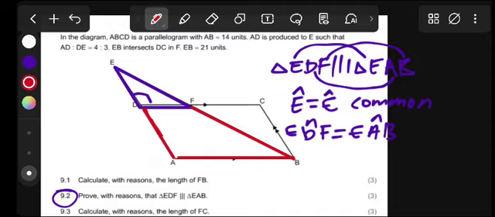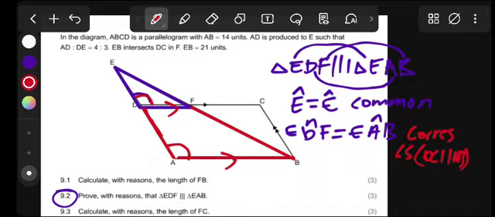All right, so this angle and this angle will be equal. Why? Because we have parallel lines there, corresponding angles. The reason is just corresponding angles equal, whereby we know that DC is parallel to AB. So that is the reason there.